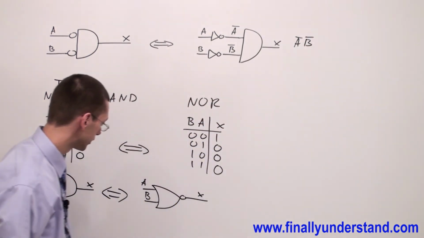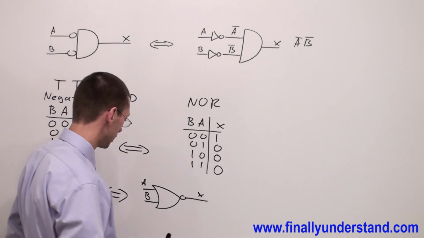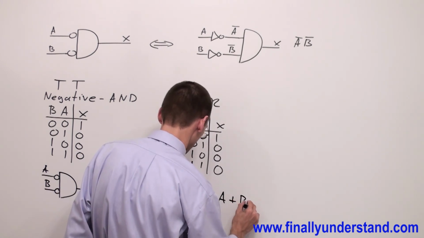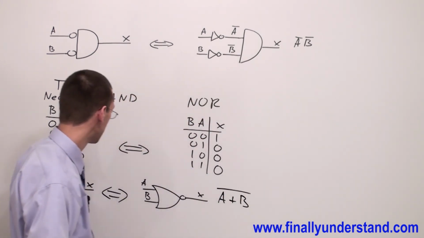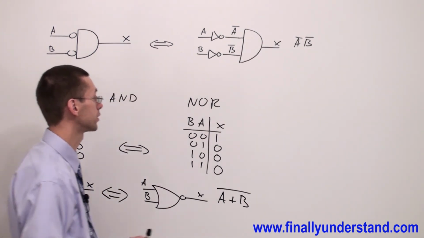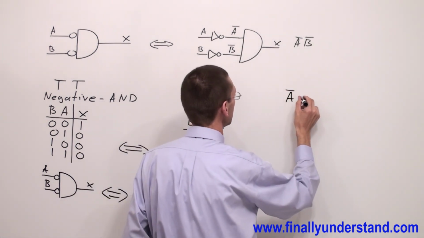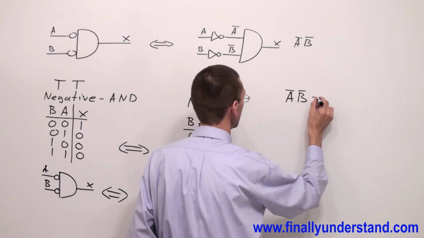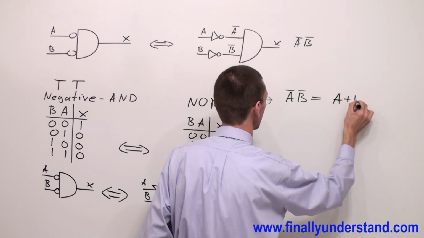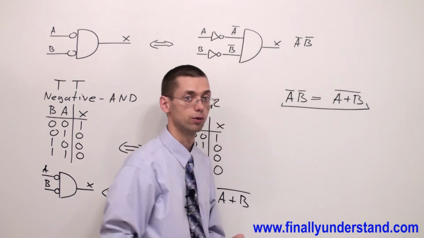We have learned that the logic expression for the NOR gate is A NOR B. And as you can see, the truth tables are the same, are identical. That's why I can write that A node times B node is equivalent to A NOR B. Okay, so let's do the problem.